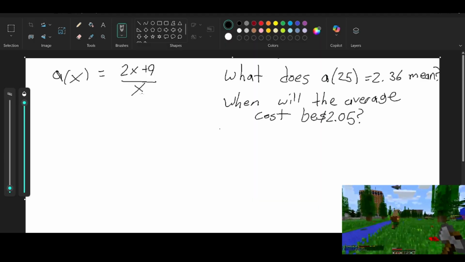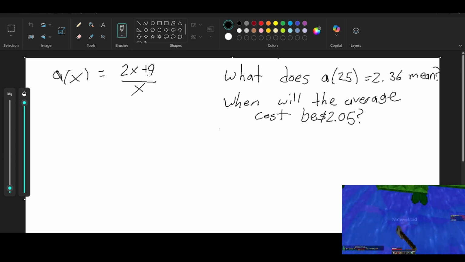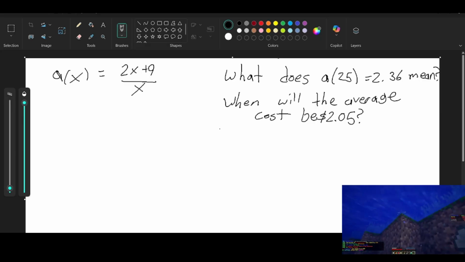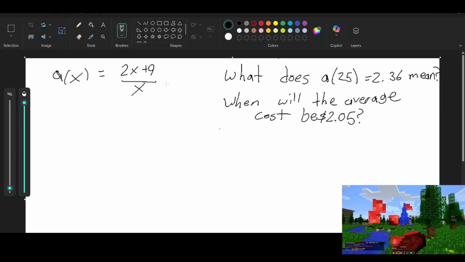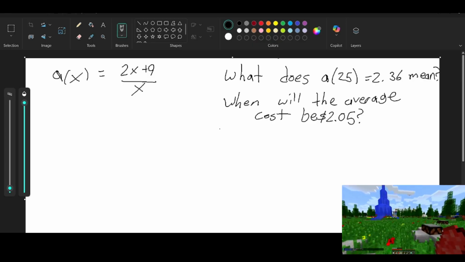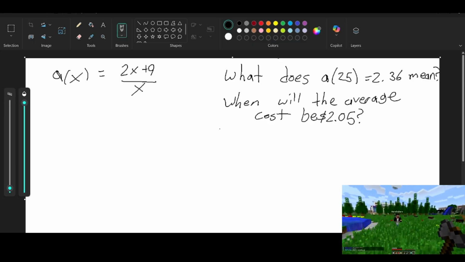So 2 times the amount of fidget spinners. And then this $9 that's added on after is that startup fee. We looked at this with the jeans or the t-shirt factory example when we actually did this type of problem.